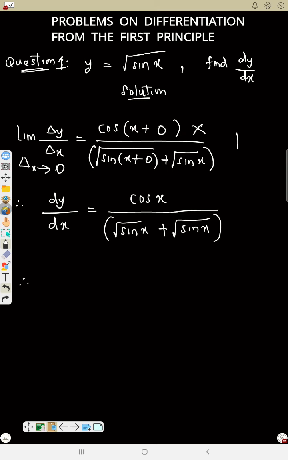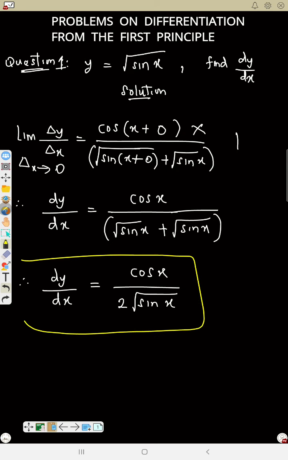So dy over the s will be equal to cos s divided by, now square root of sine s plus square root of sine s, that will be 2 square root of sine x. So this is the answer. So this is our dy ds.